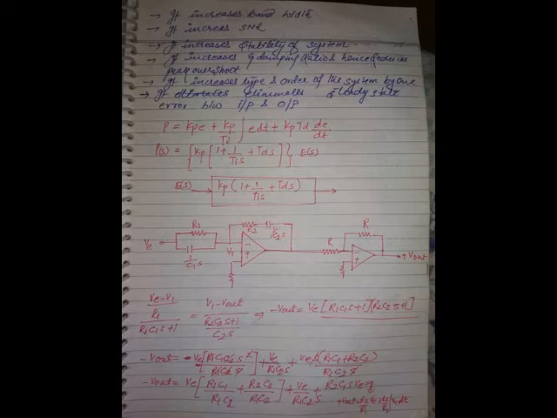Chapter 3 recover. Fourteenth question, you see now, page number 62. How does cascading an integral controller in the forward path affect the relative stability and steady state error?